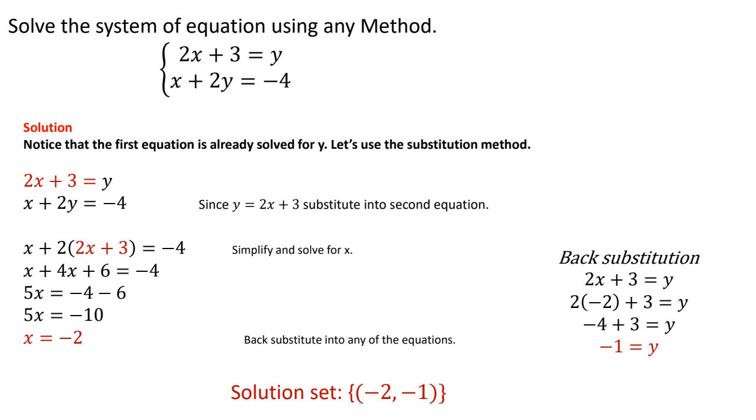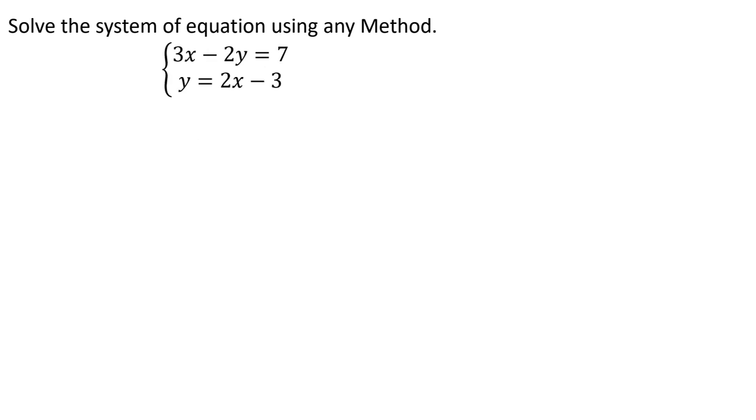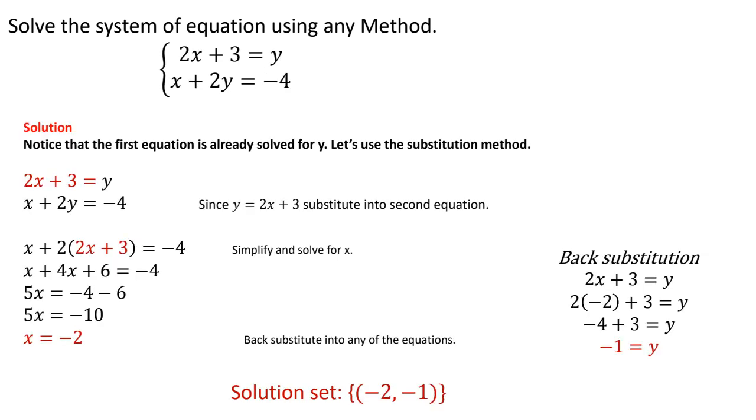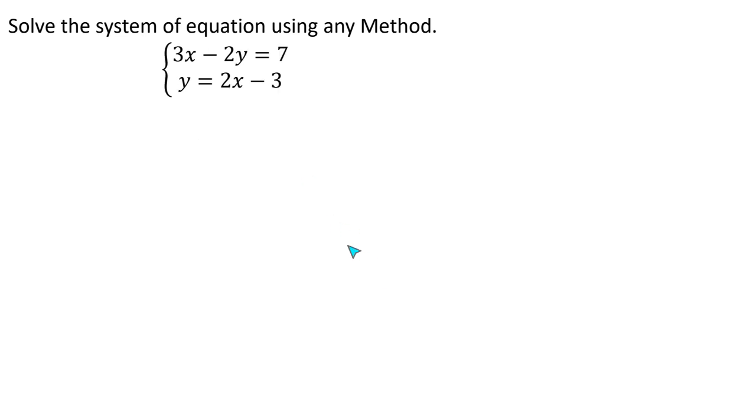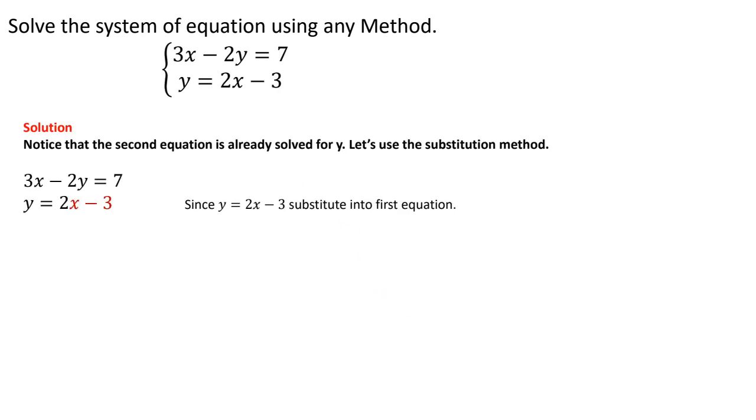Okay, let's try another example. I think that might look like the same one. 2x plus 3. Okay, it's a little different. So I guess we can go here. Again, I know that y is equal to 2x minus 3. So I'm going to replace that in for y. So in the first equation, I have 3x minus 2 times y.